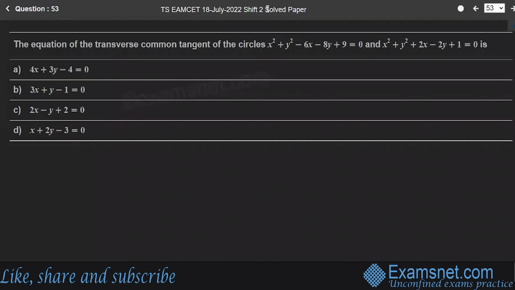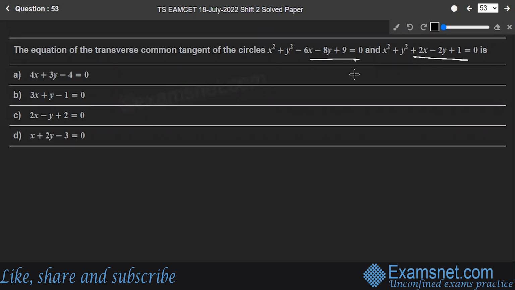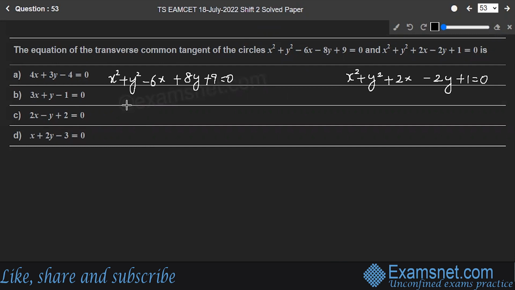Question number 53. Find the equation of the transverse common tangent to these circles. First, the circle x square plus y square minus 6x plus 8y plus 9 is equal to 0. The second one, x square plus y square plus 2x minus 2y plus 1 is equal to 0.